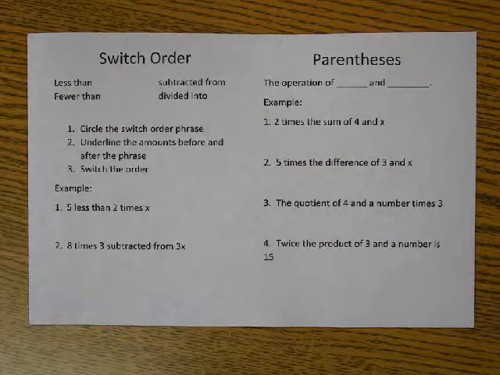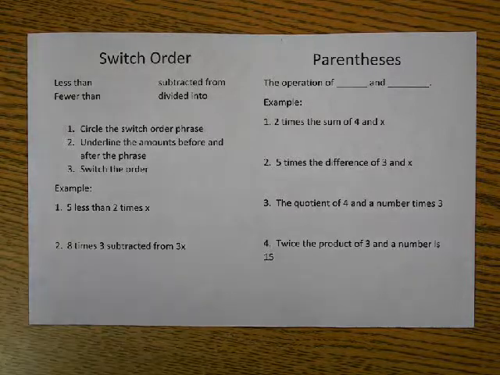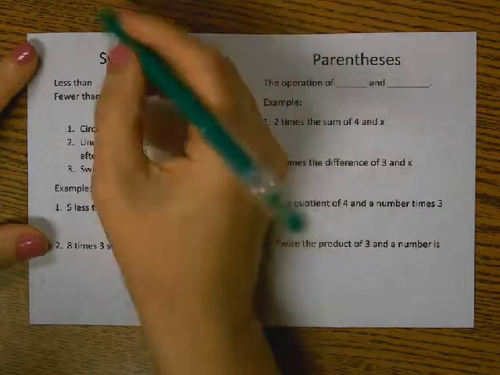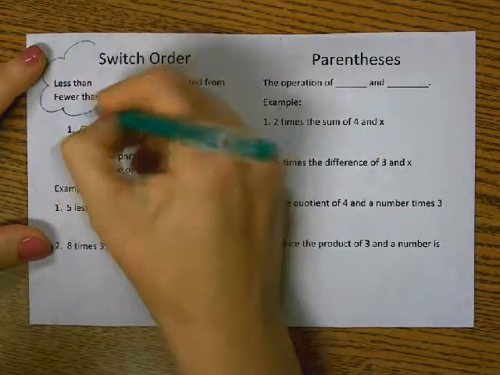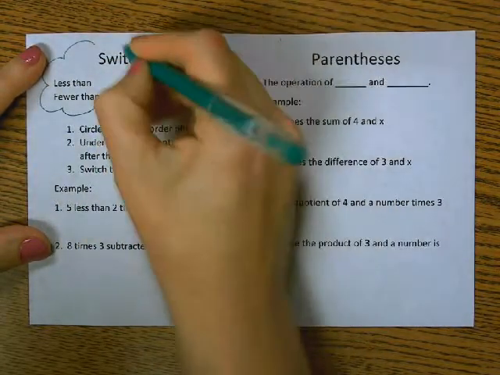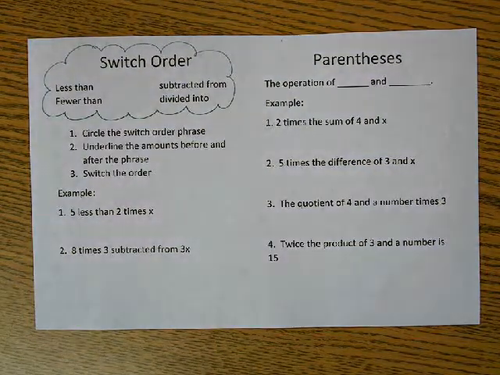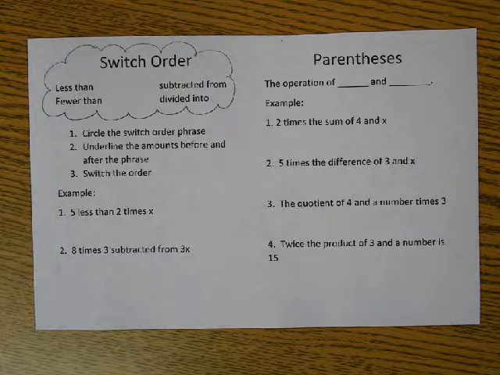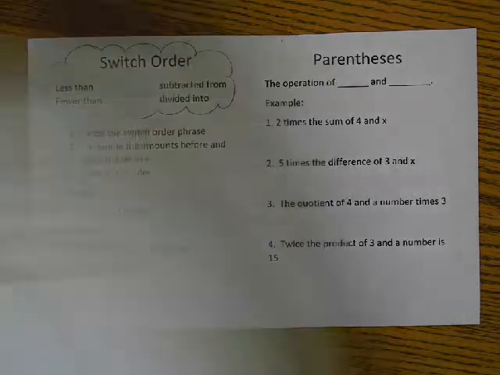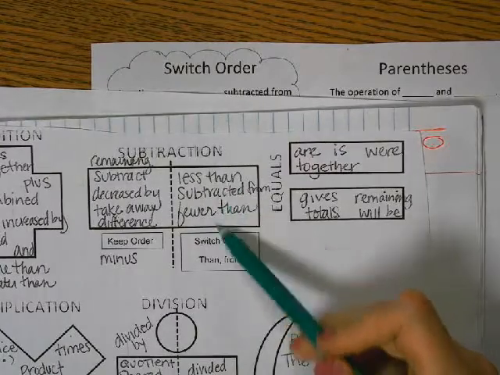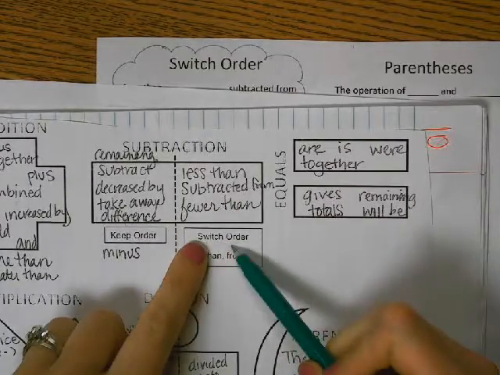So now we are going to talk about switch order. What I mean by switch order is literally these are some words that are going to switch the order when we talk about writing the expression. Remember on our little word mat that we created, there were some words on this side, which we called the switch order side.